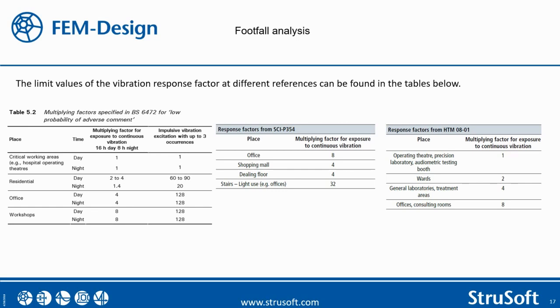Values for hospitals are defined in HTM 08-01. There might be other circumstances where the client of the building specifies lower limits on vibration response, for example, because some particular items of equipment require it.